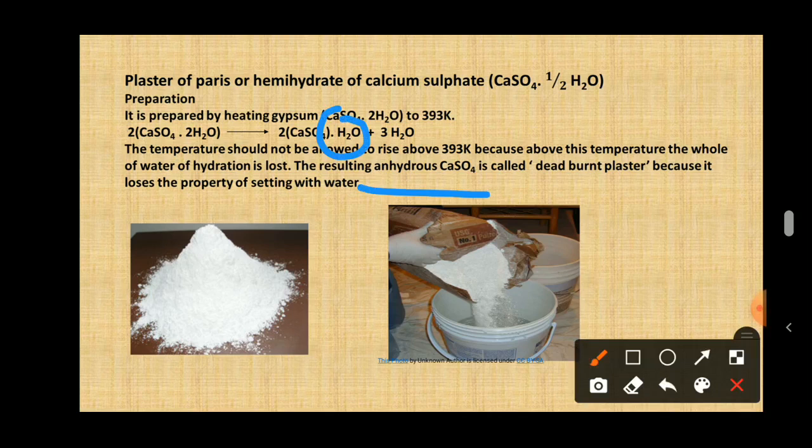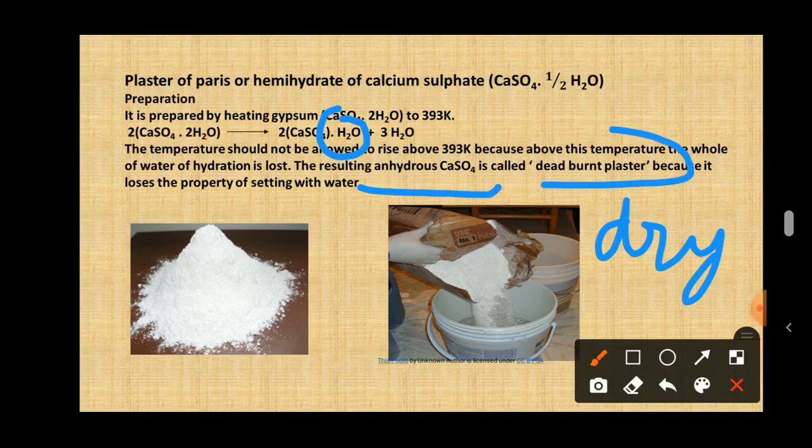Anhydrous means completely dry. This dry calcium sulfate is called dead burnt plaster. Once it is completely dry, it is of no use.